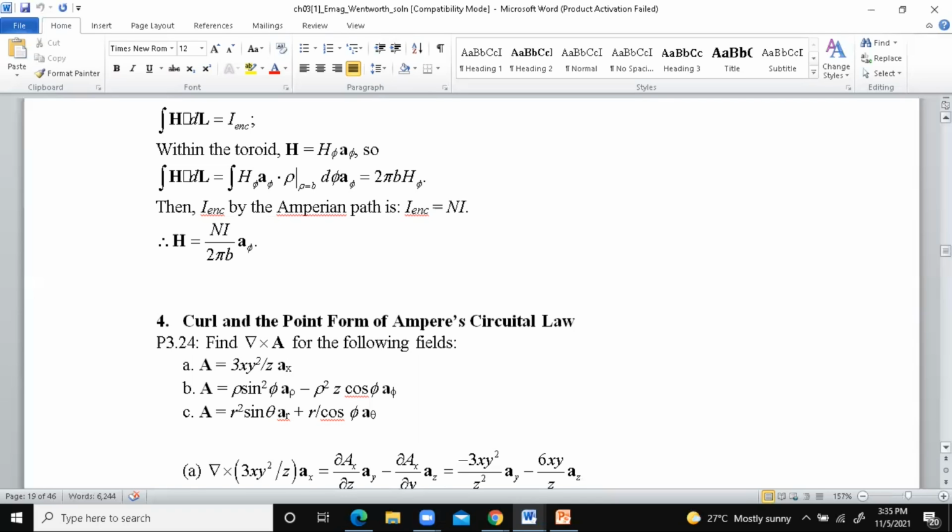That's because it's a loop and the 2 pi B is supposed to be 2 pi R, the circumference of a circle. That's all DL is, the circumference or the perimeter. So in this case, since it's a loop, it's just the circumference of a circle. So that's why we use 2 pi B or 2 pi R.